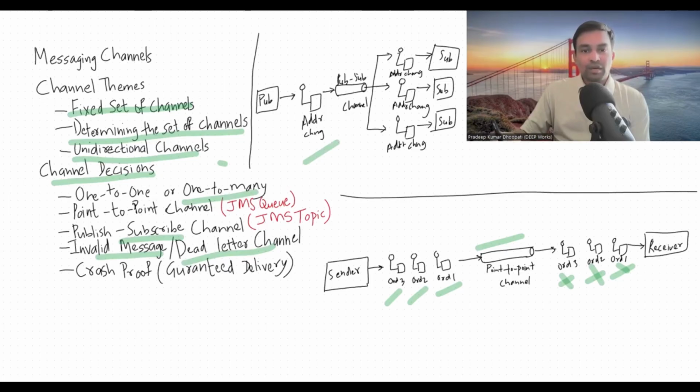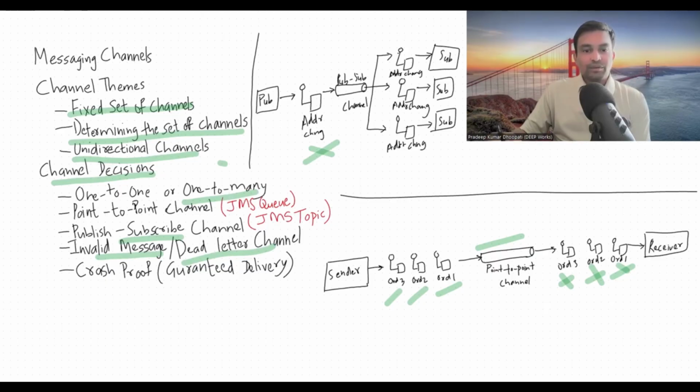Or say you have 10 systems which have his address. He will not send the address update 10 times. He will only say, hey, I have an address change, so I'm sending this change request. So he will send one message, which is address change.